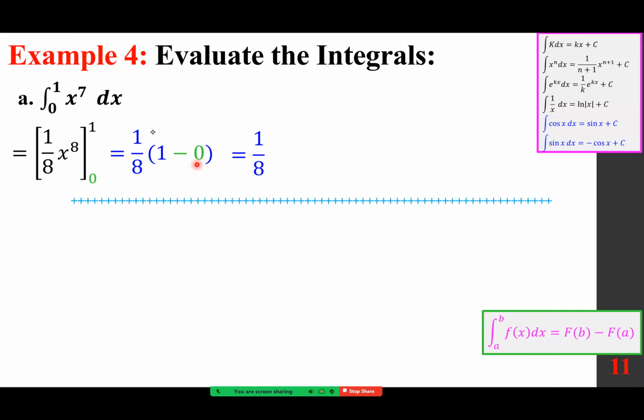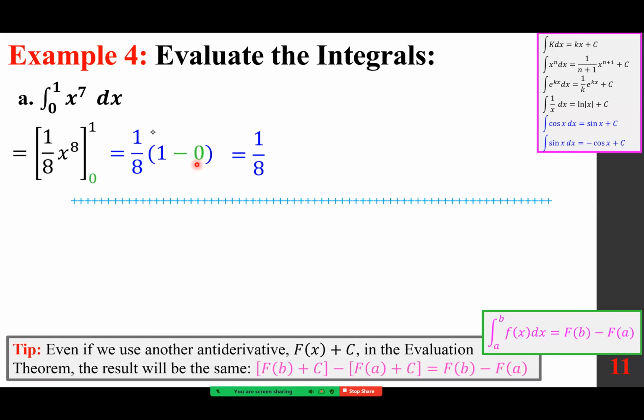And here's the tip. Even if we use another antiderivative, meaning capital F of x plus c in the evaluation, so in other words, if I put a plus c here, the result will be the same because capital F of b plus c minus capital F of a plus c, the c's cancel out, right?